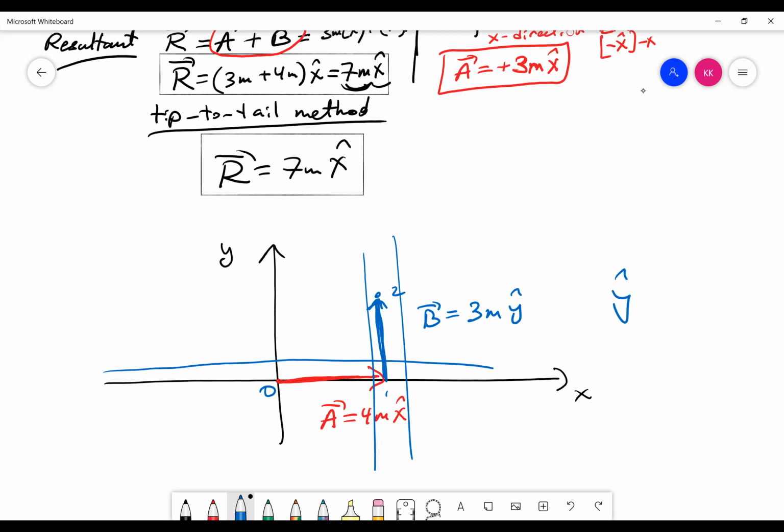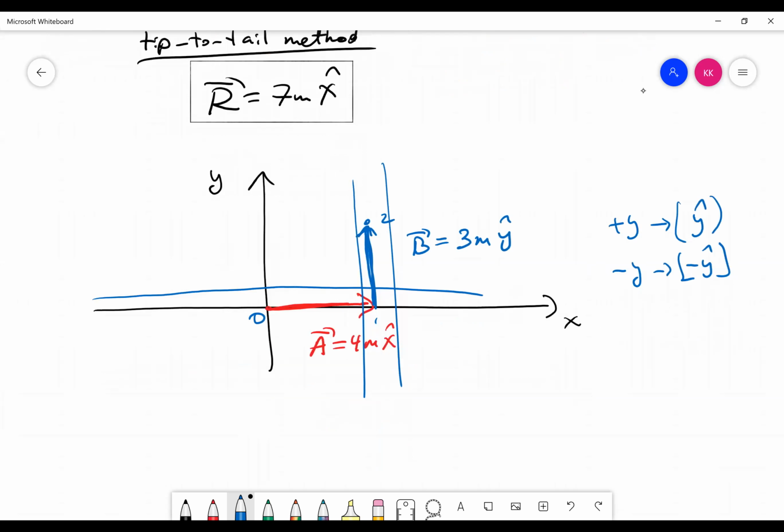So y hat represents the positive y direction. If it's in a negative y direction, then negative y hat. You can add those to your vector.